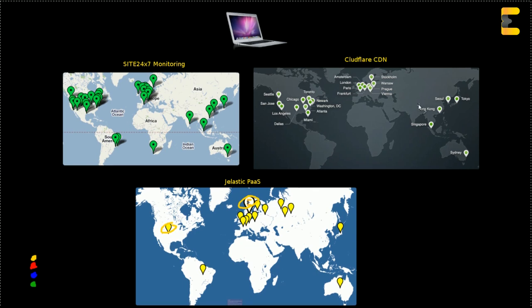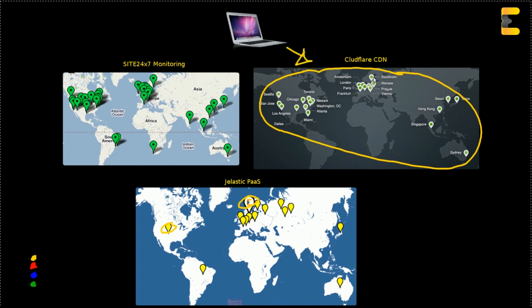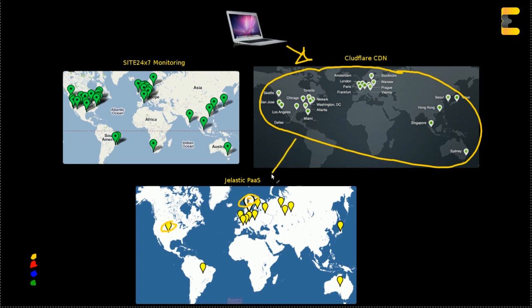Then we are going to set up our domain name service in the Cloudflare content delivery network and configure that. So when you browse to these sites, you will actually first access the content delivery network service, and then they will redirect traffic to the active sites.